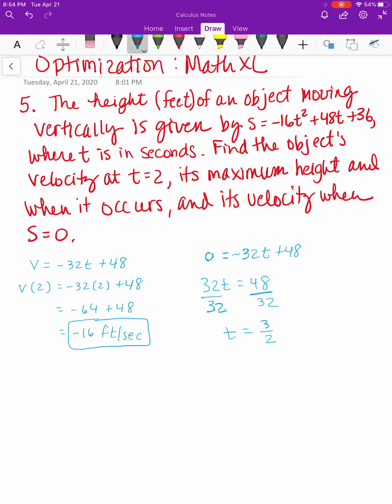Positive 32t equals 48, and then divide by 32 on both sides. And my t is equal to 3/2. Those were both divisible by 16. And this would be 3/2 seconds.